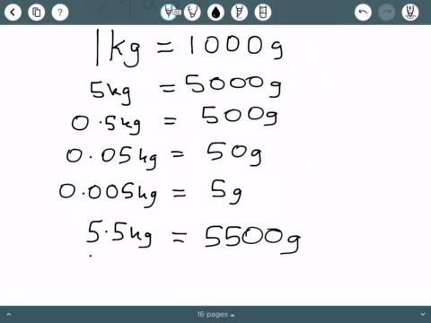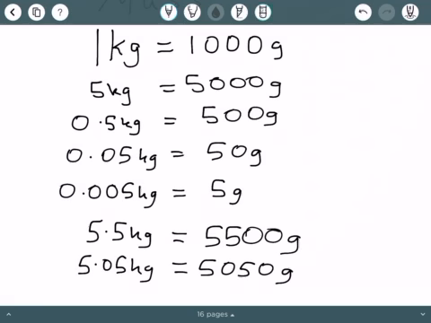And then if we do it again, 5.05 kilograms, or 5 kilograms is 5,000, and 1/100th of a kilogram, or 0.05 of a kilogram, is 50 grams. That is 5,050 grams.